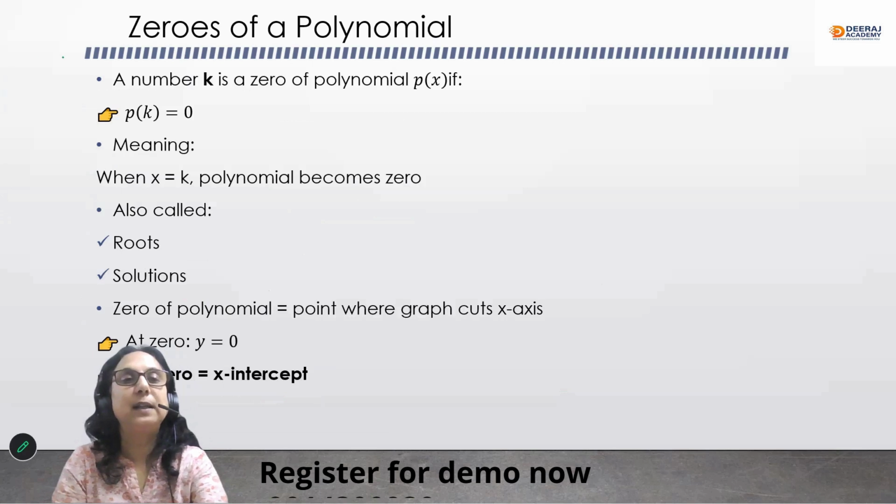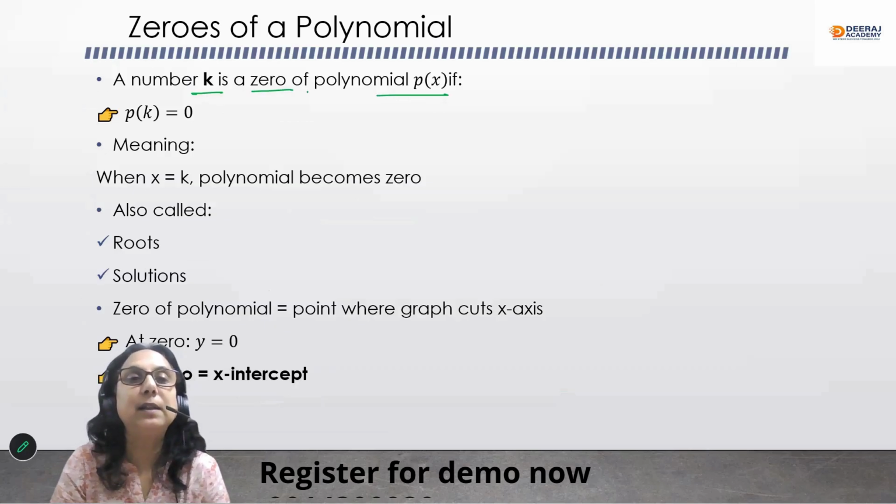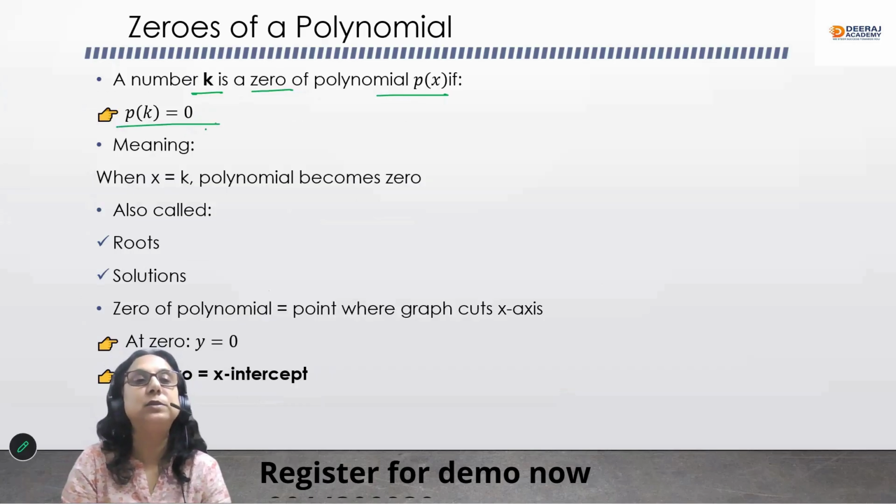Suppose the number k is a zero of a polynomial p(x). When will it be a zero? When p(k) is equal to 0.